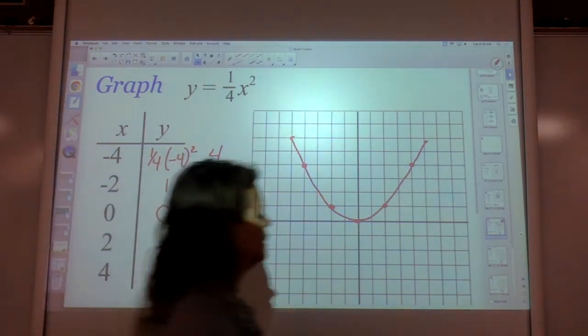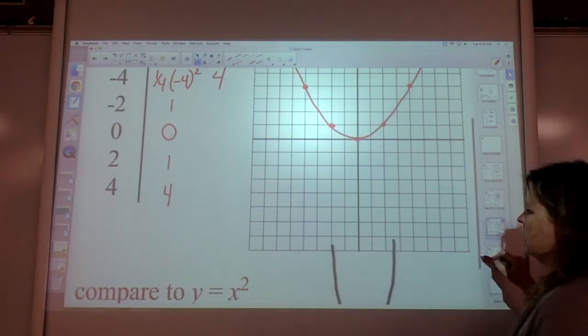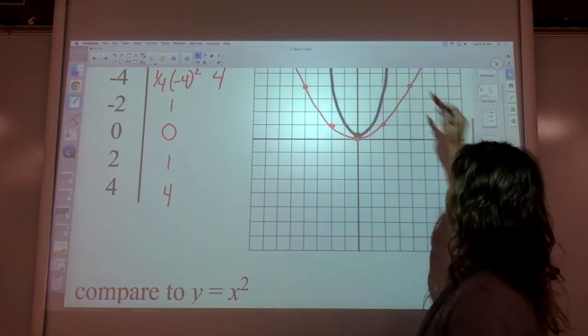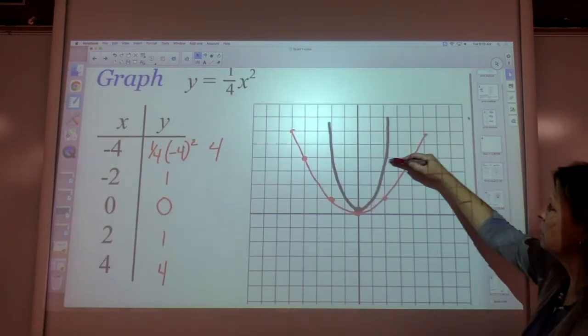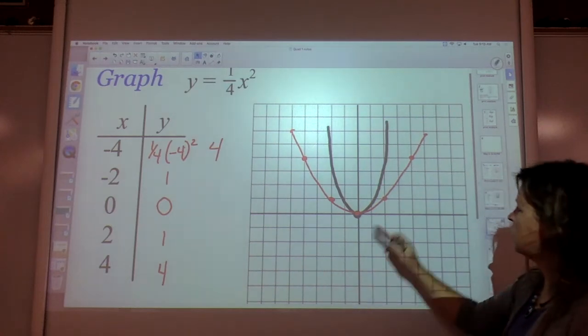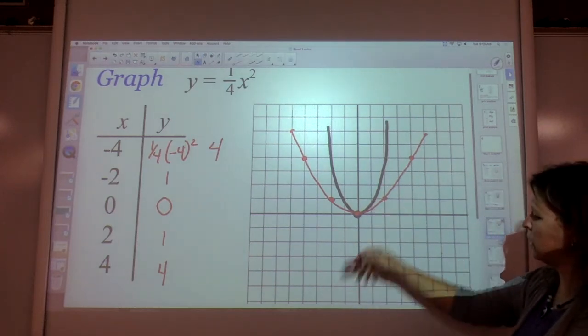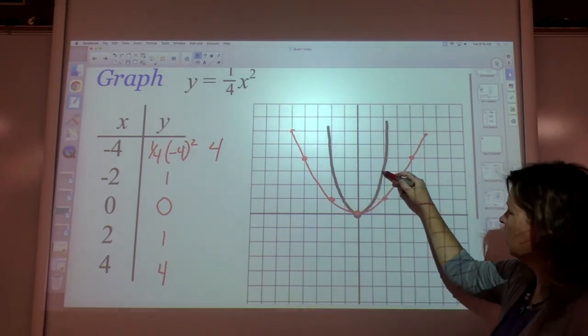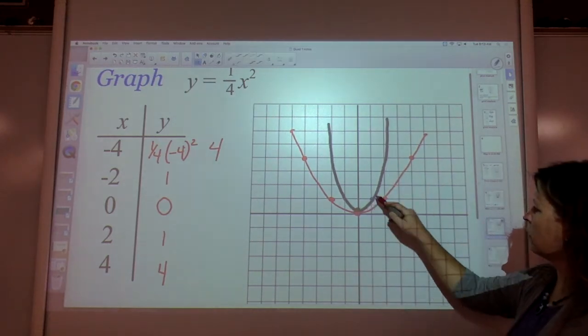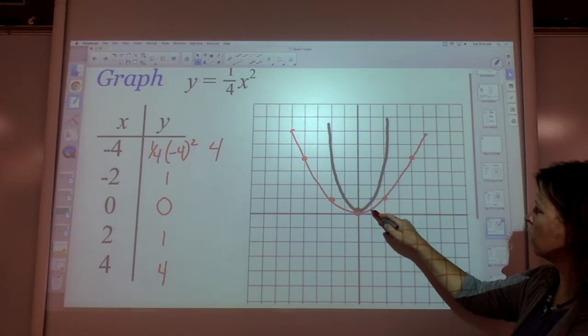And the question is, how does that compare? You got to take what you just learned from the last graph. The last graph we said it got taller because it stretched out taller. Well, what did this one do? This one was supposed to be at 1, 1. Let me move it up where it is. 1, 1, but it went from 1 down to a quarter.